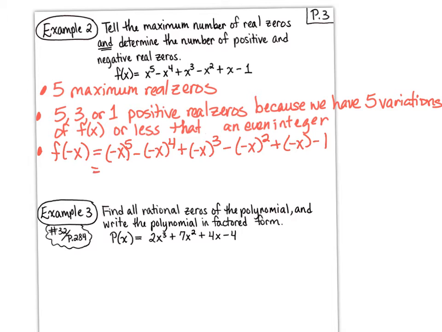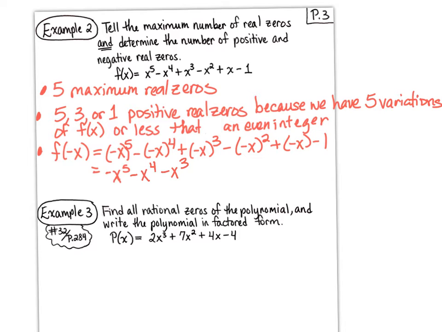That's equal to negative x to the fifth, as you said. What is negative x to the fourth? Good, positive x to the fourth, but you're already subtracting it, so that remains. So minus x to the fourth. Then minus x cubed.